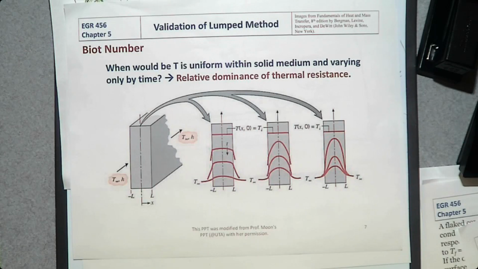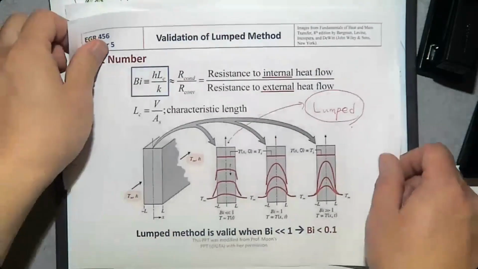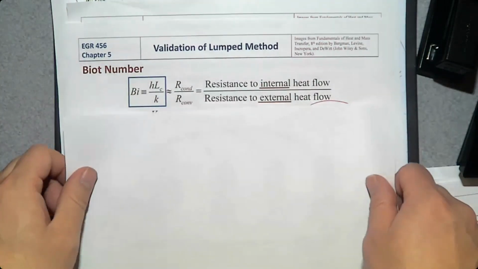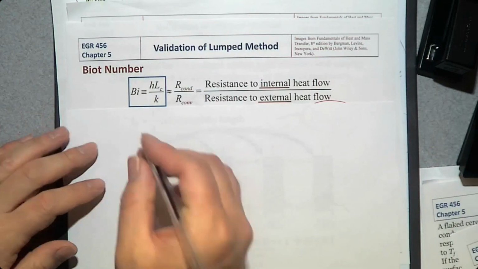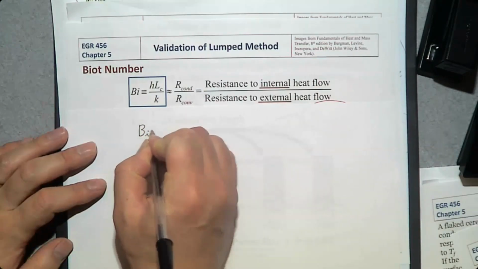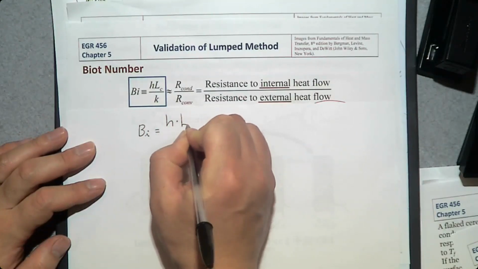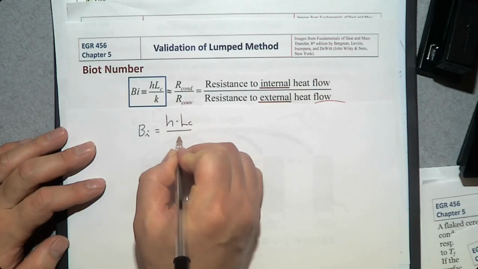We can use the Biot number. The Biot number can be calculated by this equation: the convection heat transfer coefficient times characteristic length over thermal conductivity.